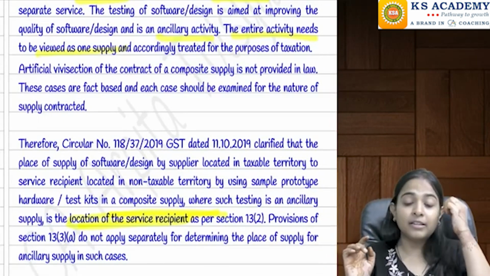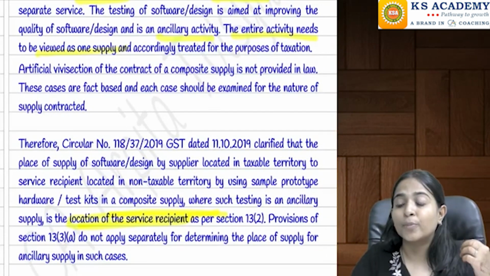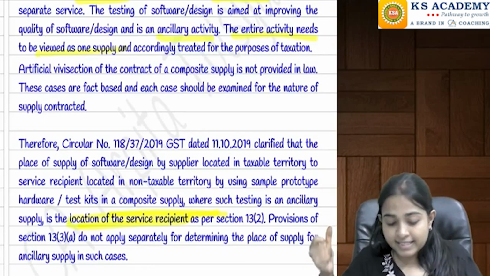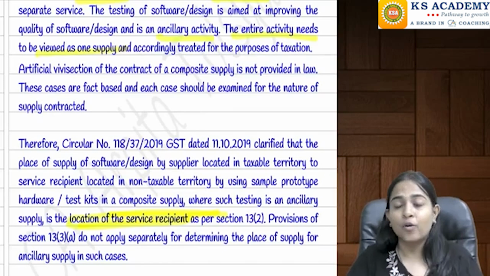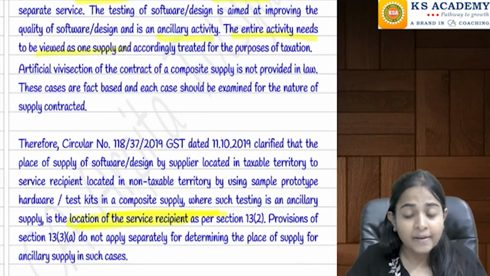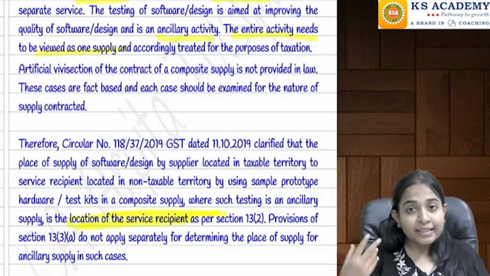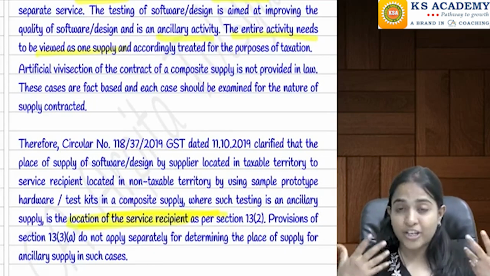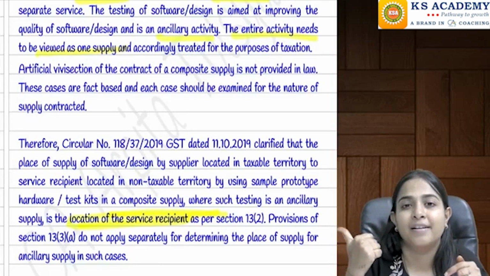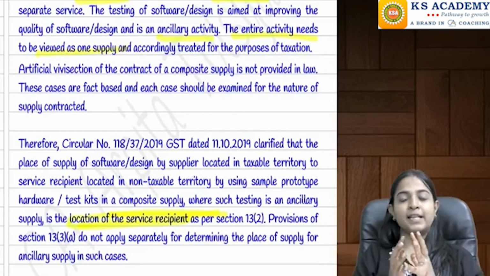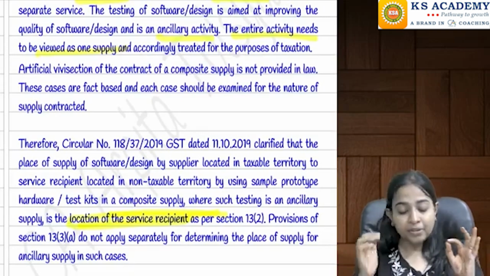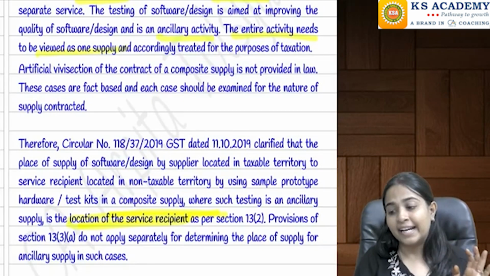Now the question that arose was, are we also providing them the testing services? The decision taken in this particular circular was that the testing service is an ancillary service, and here I have done this testing just to check the authenticity of my software and not the authenticity of their hardware. So this entire process will be considered as a composite supply, one single supply, and section number 13.2 will be applicable for the entire thing.